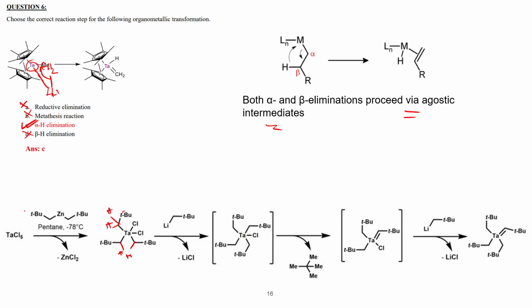So this tantalum pentachloride and this zinc based reagent, if they are reacted maintaining this much low reaction condition, you can have this unit followed by this metal lithium reagent so that you can do this elimination of chloride and followed by this thing.